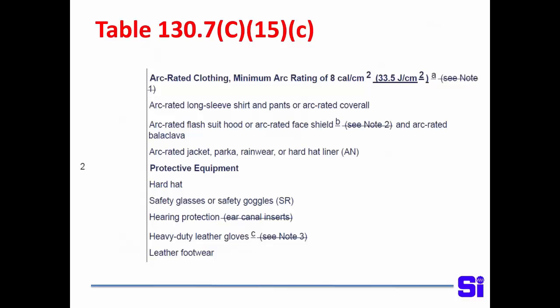The other thing I'd like to point out is hearing protection. It says ear canal inserts, and we struck that out. After a lot of deliberation, we decided, why should we constrain people from the type of hearing protection they use? If it's covered, by either a balaclava or an arc-rated hood, so that any meltable parts won't ignite, and you want to use earmuffs, hearing muffs, then that's fine.